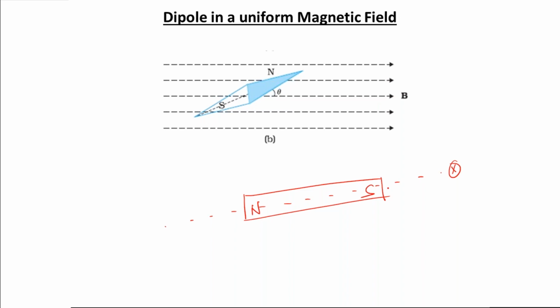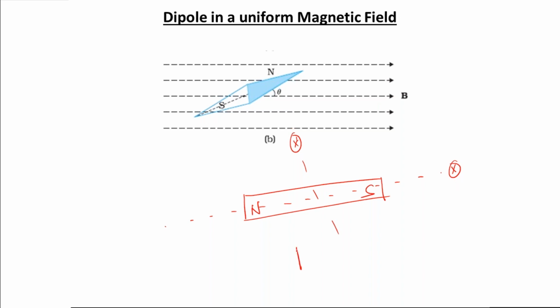So look, see, if I have a bar magnet like this, this is north pole and this is south pole. If you have been asked to calculate magnetic field at any point on the axis, I have told you how to calculate just by comparing with a solenoid. Even at any point on the equatorial line, you can get the magnetic field just by comparing with an electric dipole.